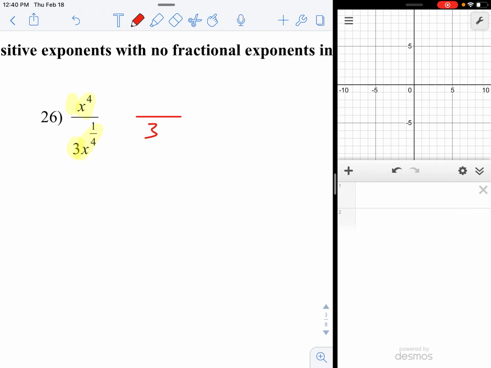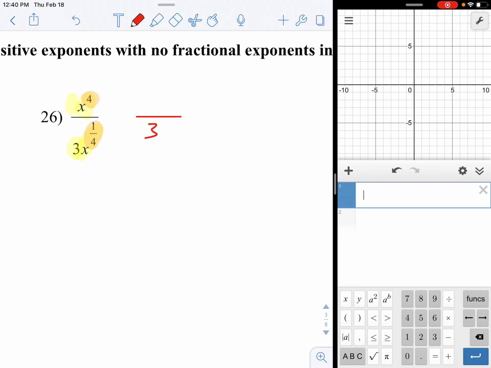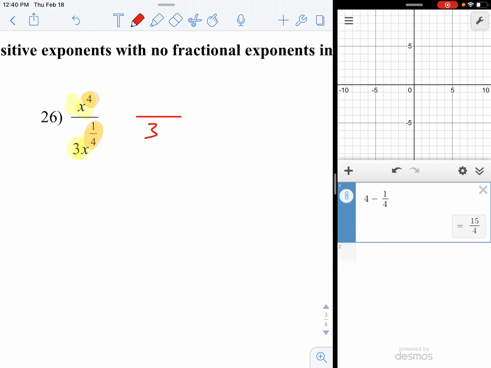But I need to subtract these powers. 4 minus 1/4. What is 4 minus 1/4? Should be 3 3/4, 3.75, which is 15/4. So that's x to the 15/4 over 3. That should be my answer.